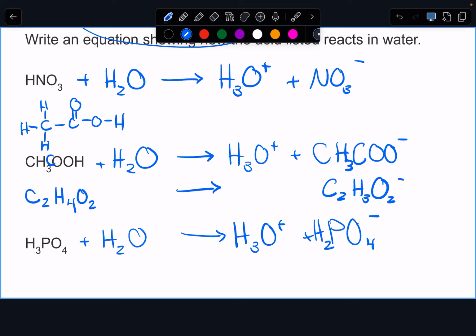Okay. And when those polyatomic ions turn into an acid, they will always have enough hydrogens to balance them out. So PO4 is PO4 3 minus, and that's why the acid form is H3PO4. NO3 was NO3 minus as the polyatomic ion, so it just needs one more hydrogen.